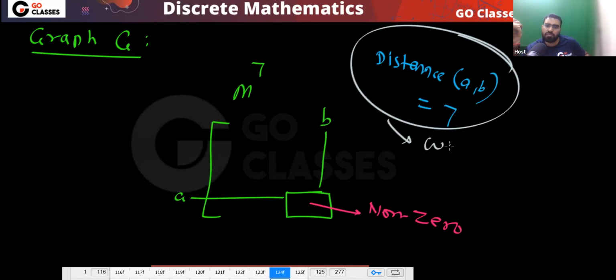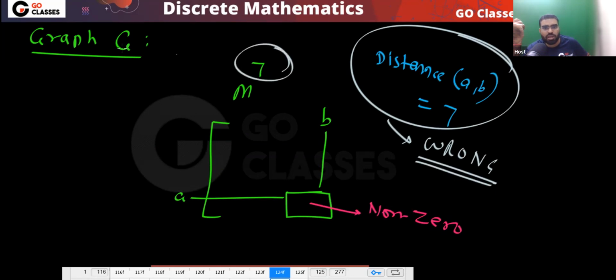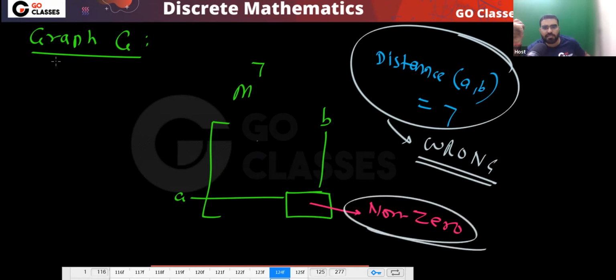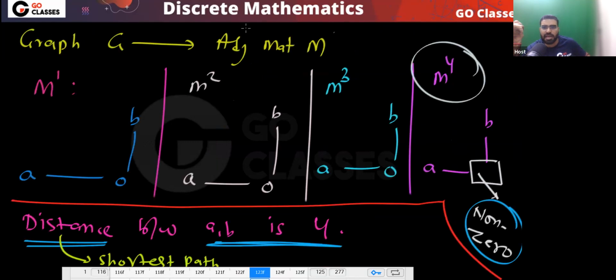Why is this wrong? This is wrong because this must be the smallest value. What is the first time you got this non-zero? Maybe this is non-zero, but the distance will still be M power 4 only.